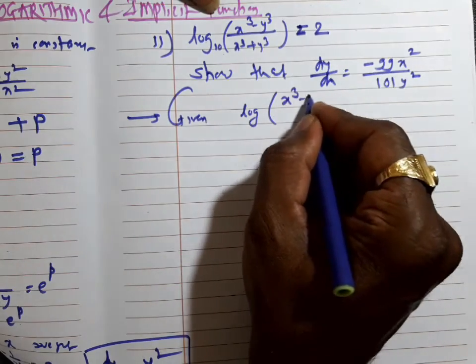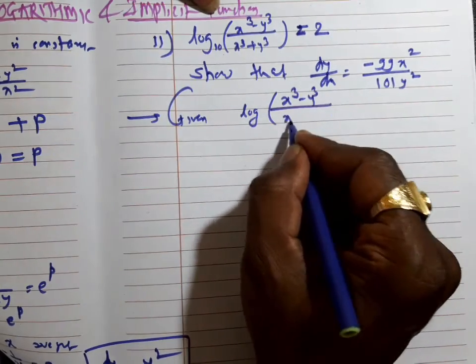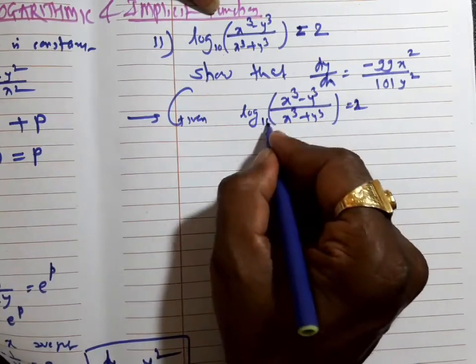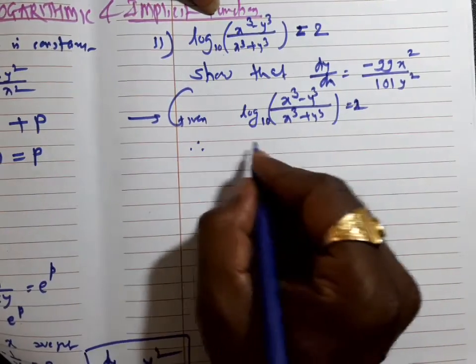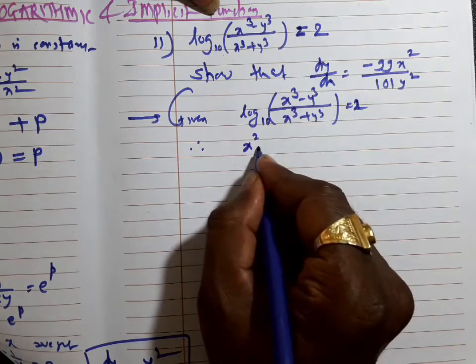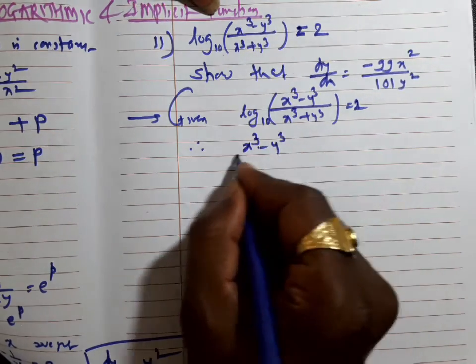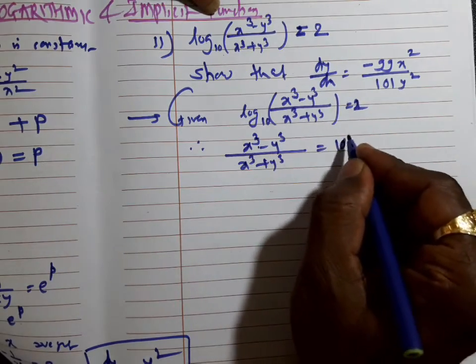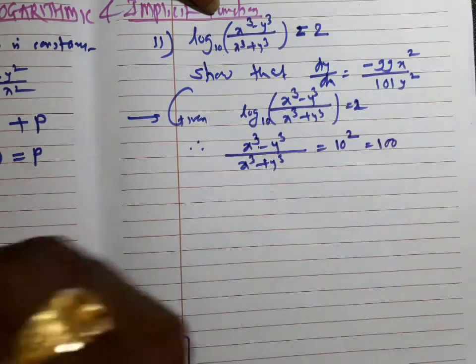log of (x cube minus y cube) upon (x cube plus y cube) is equal to 2 to the base 10. To remove the logarithm, it will be (x cube minus y cube) upon (x cube plus y cube) is equal to 10 square, that is 100.